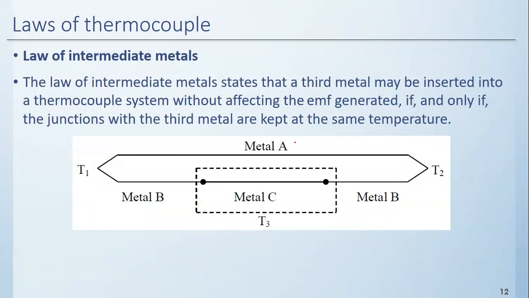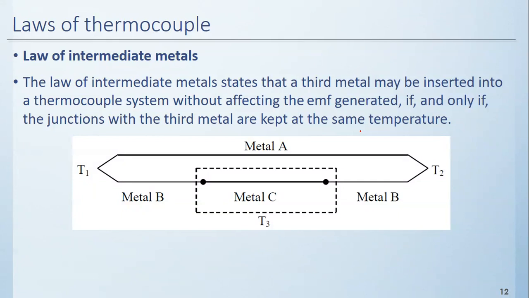Now, the law of intermediate metals. It says that a third metal may be introduced into the thermocouple system without affecting the EMF generated, if and only if the two junctions of the third metal are kept at the same temperature.